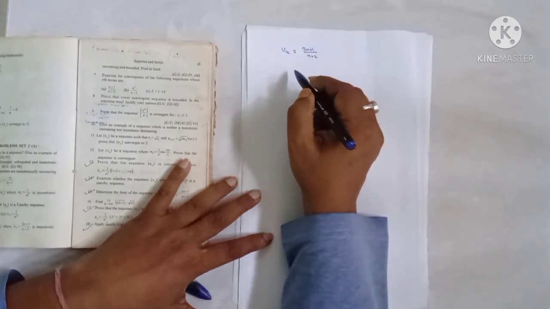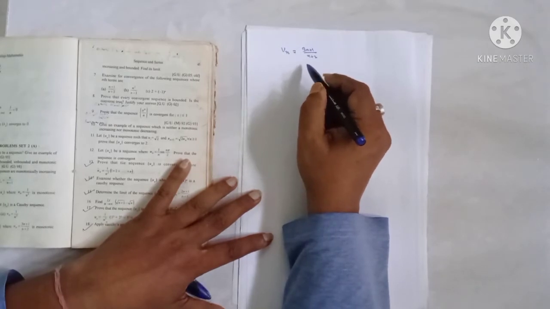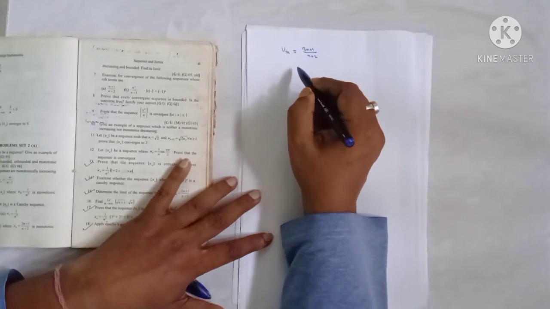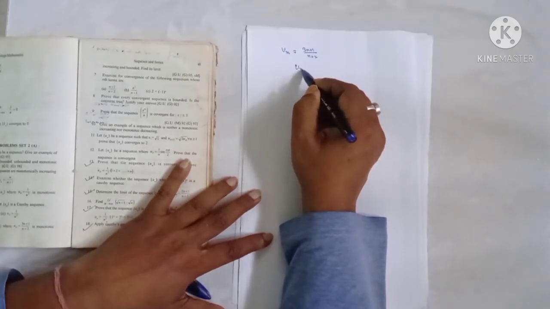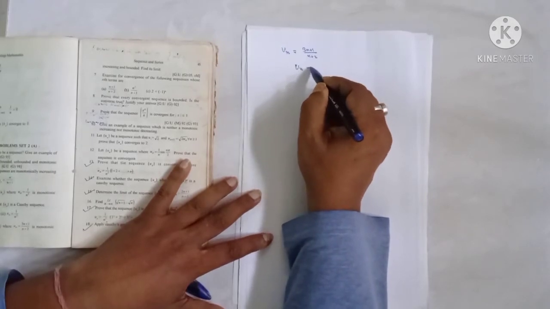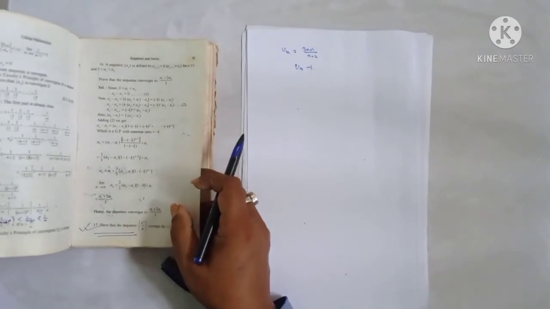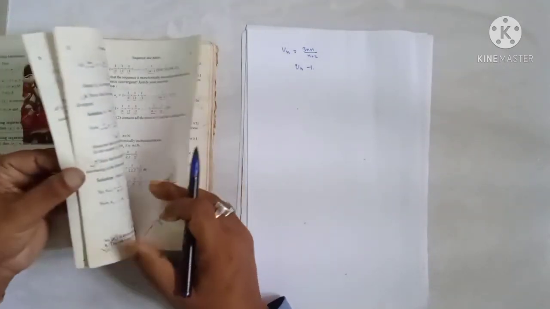Now from here let us take un minus 1, because I have done this as it is done in your example here.